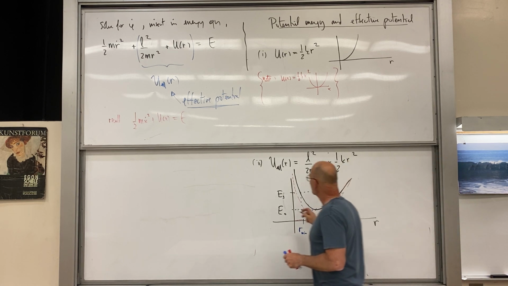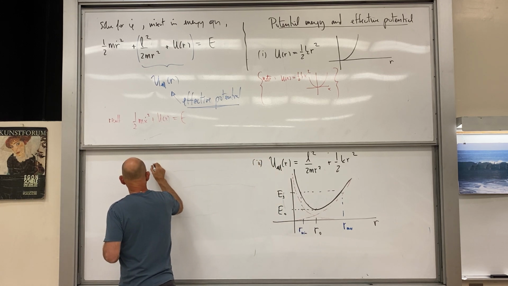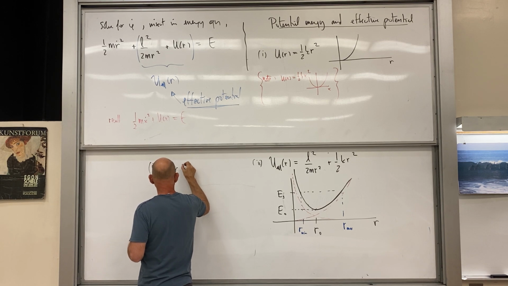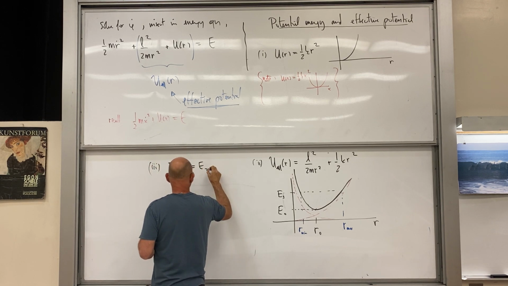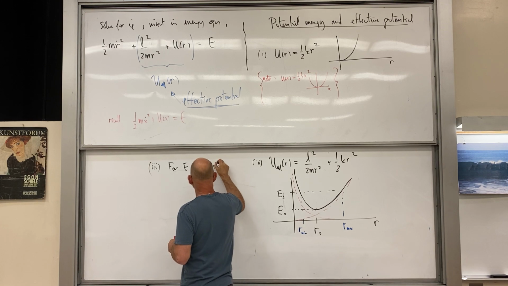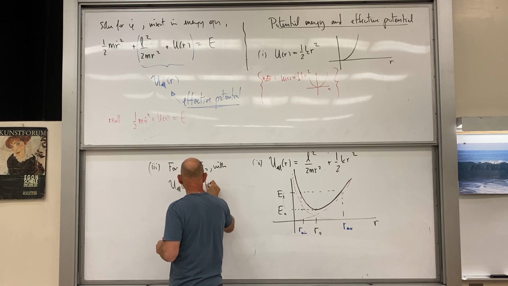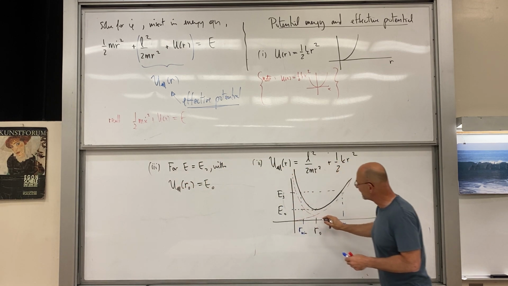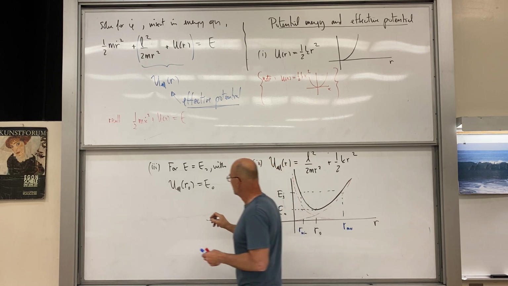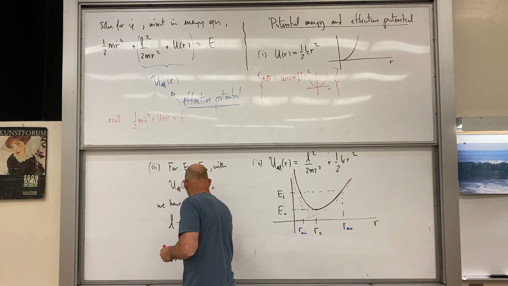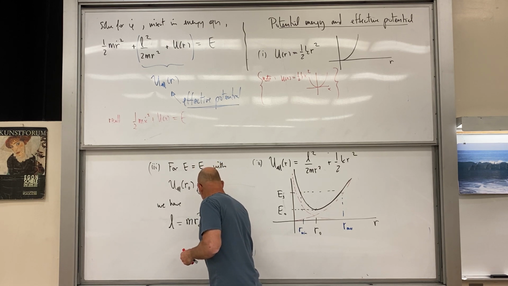So talking about this here, let me make my third point. For E equals E0, with U effective of R0 equal to E0, that's just what I drew right here. We have L equals M R0 squared phi dot.